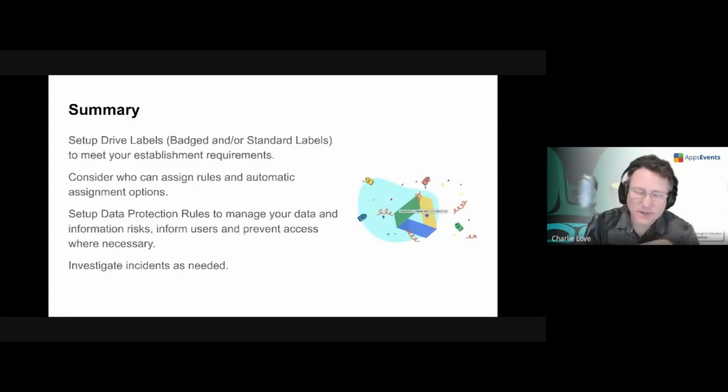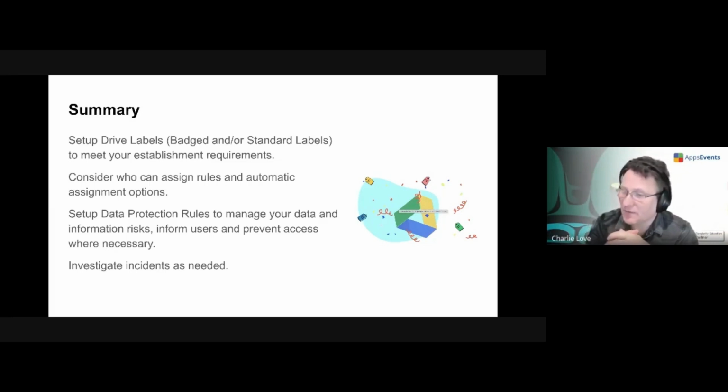You can set up a whole range of restrictions around it and use the labels positively. You can consider how you can do automatic assignment of those labels. Do certain teaching staff require automatic assignment of labels, or office staff or admin staff and so on? And then you can use the data protection rules to prevent data going outside of your organization when you don't want it to. So really, that's all pretty neat.